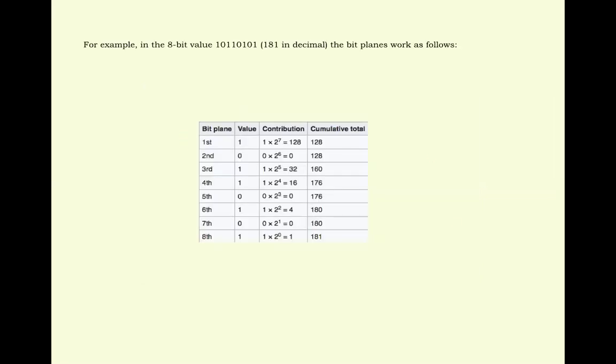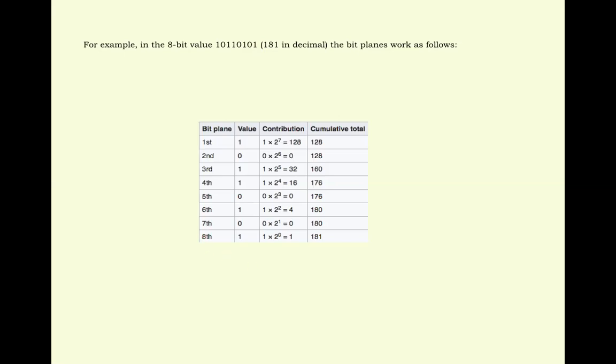Another understanding from there: say 8-bit coding, and the corresponding value is 181 in decimal. Now how does each plane affect the value? This is the MSB and this is the LSB. The LSB has value 1.